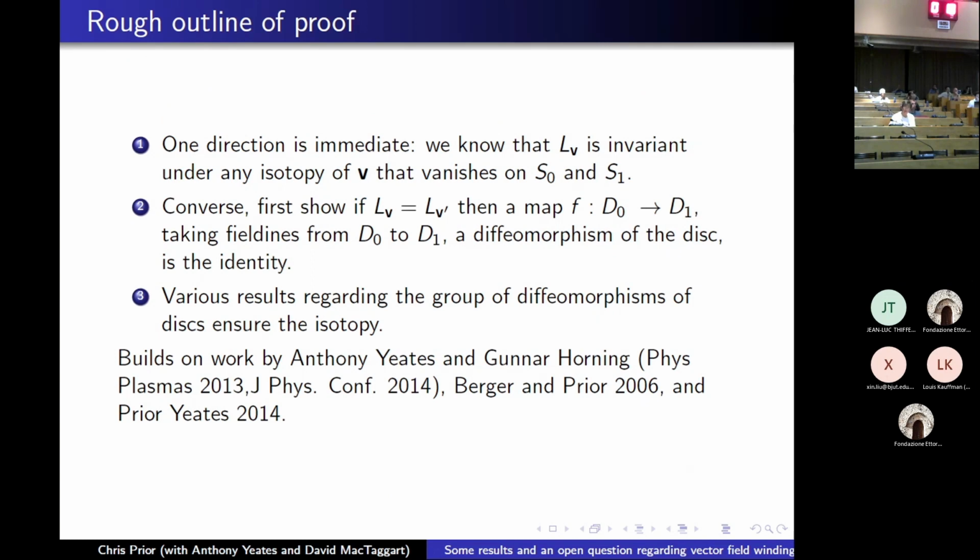The other way, essentially, we show that if the winding distributions that we can calculate are the same for the two fields, then the map of its field lines from the bottom to the top boundary, the map of its integral curves, must be the identity. And then we use some results from the groups of diffeomorphisms to show that that means there must be an actual isotopy between the two fields. Okay? And this builds on a lot of work we've both done previously with various other authors who are here.